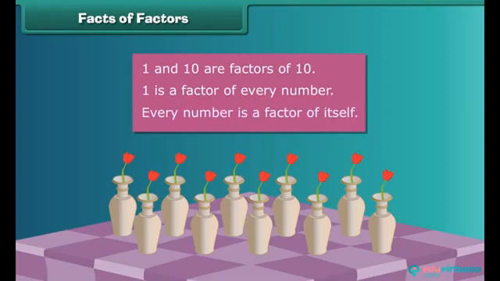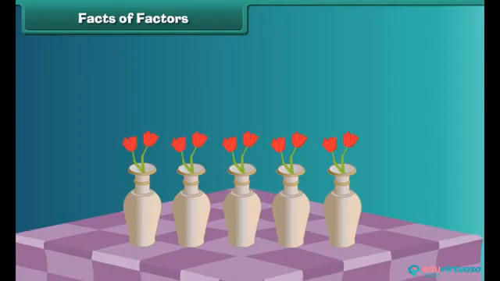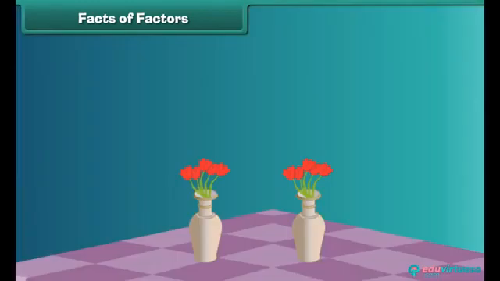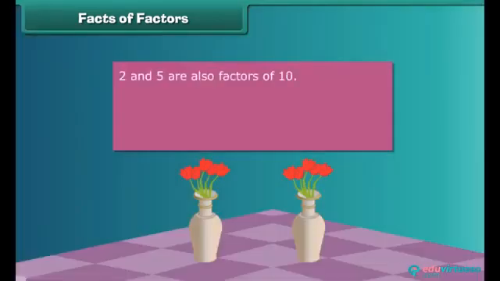Prerna's mother tries out another arrangement. She places the roses 2 each in 5 vases. We can express this arrangement as 2 multiplied by 5 is equal to 10. Prerna's mother tries out one more arrangement. She places 5 roses each in 2 vases. We can express this arrangement as 5 multiplied by 2 is equal to 10. 2 and 5 are also factors of 10.